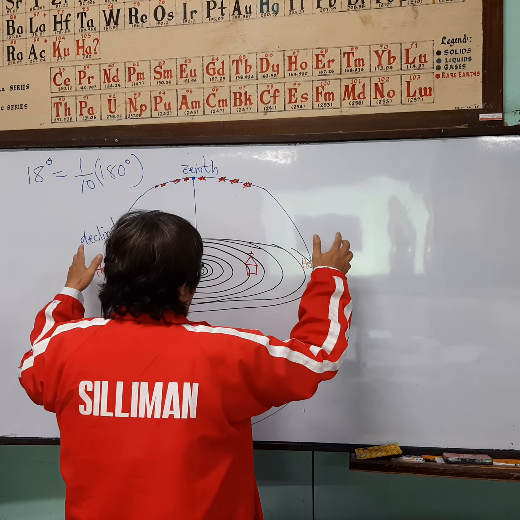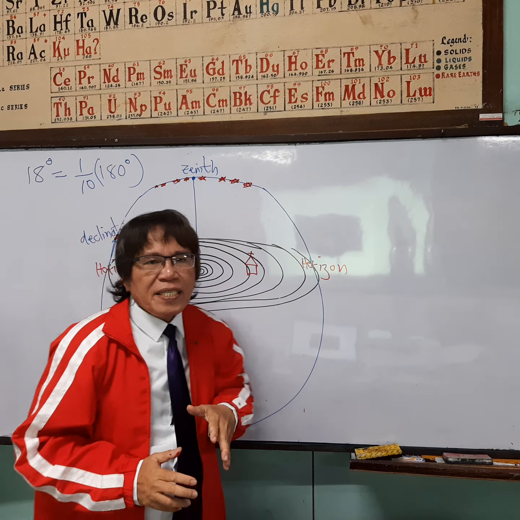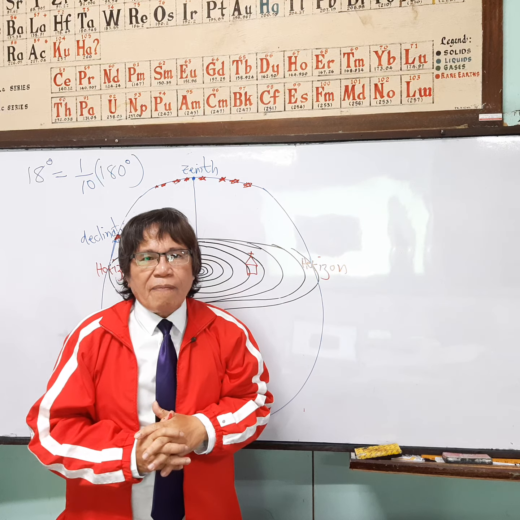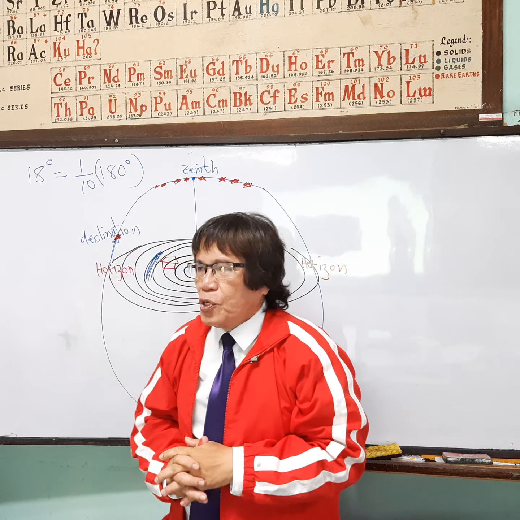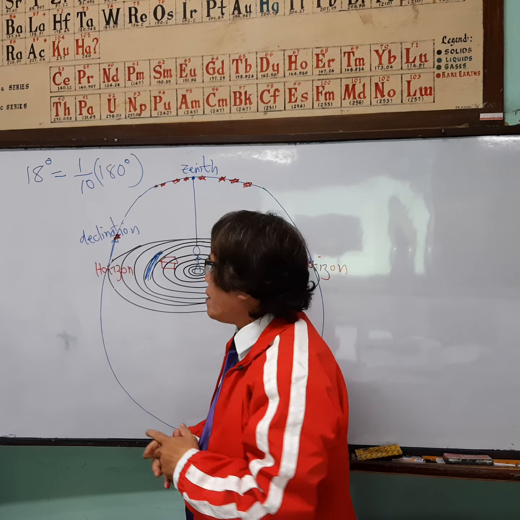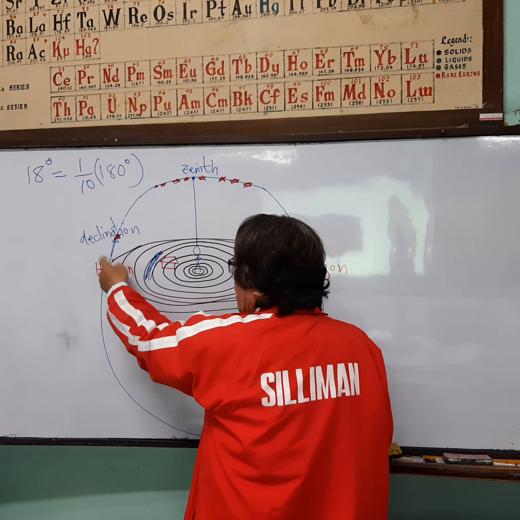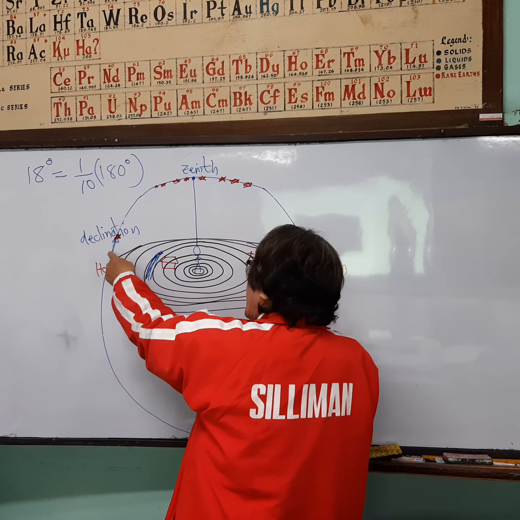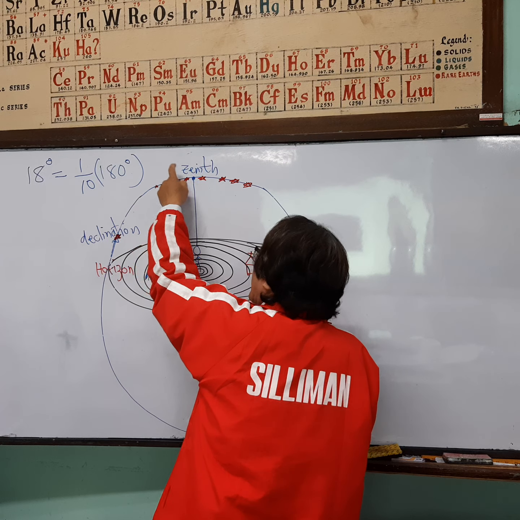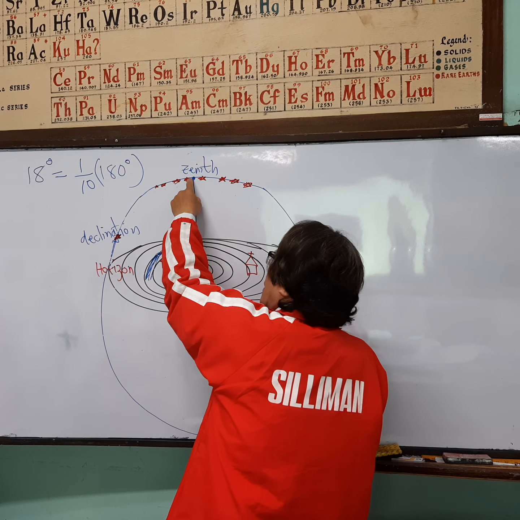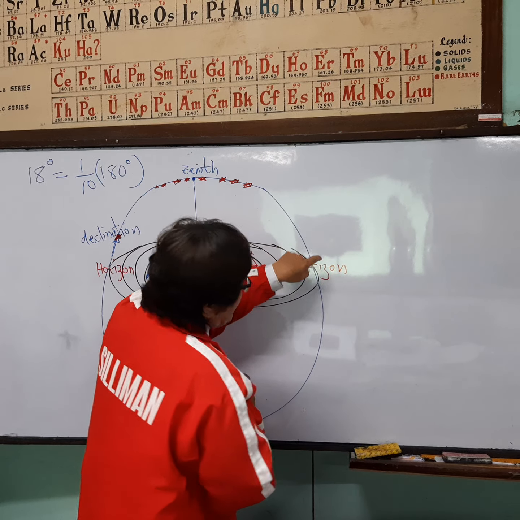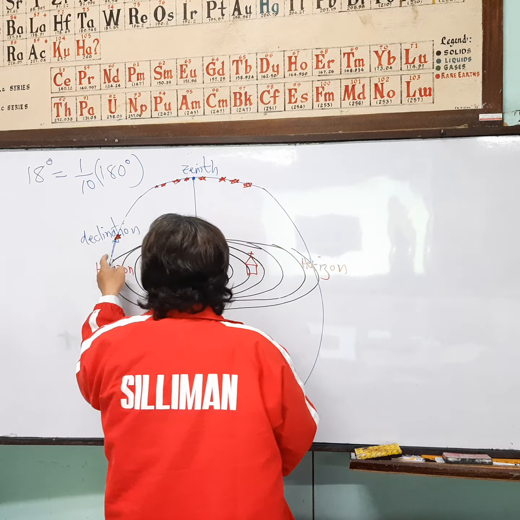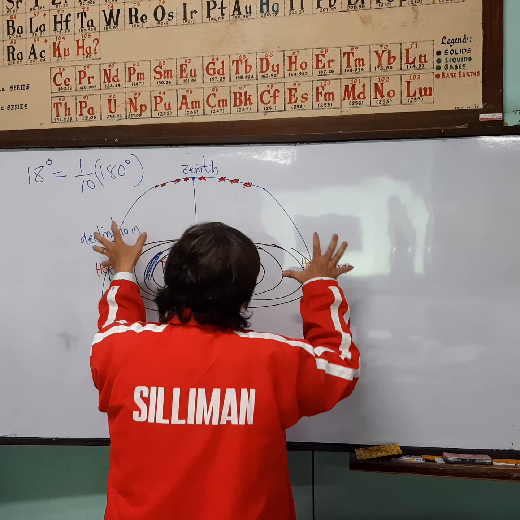The sun rises from the east, sets at the west. If this is the sun, somewhere here at the horizon east, it moves higher, high noon, lower, sets in the evening. So the celestial sphere is moving that way.